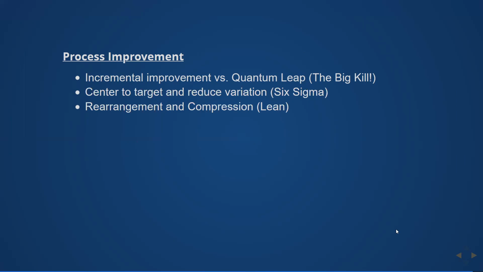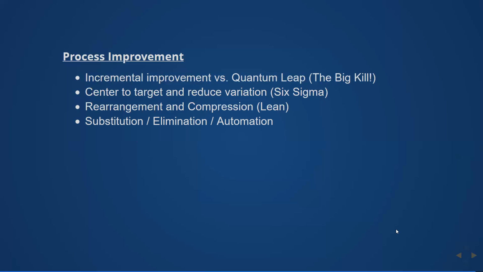So Six Sigma is doing what you're doing now better with less loss, and lean is doing more with less. There's a big difference between them.